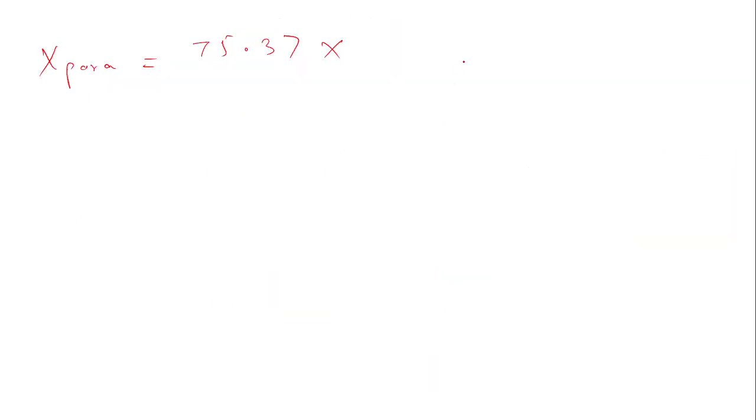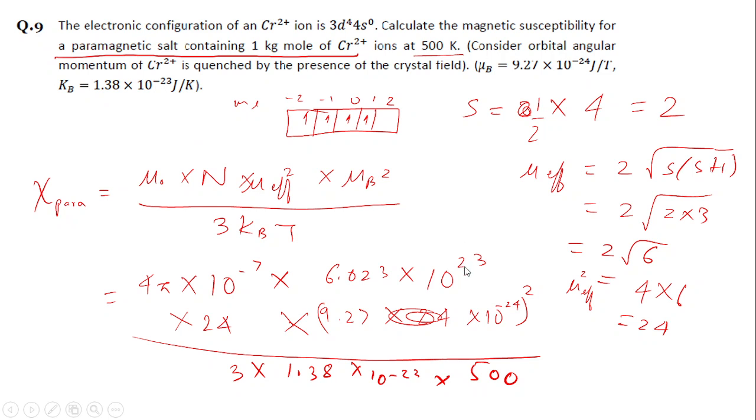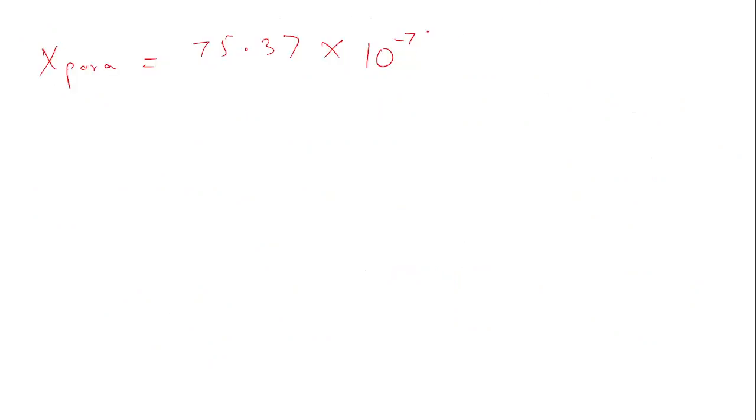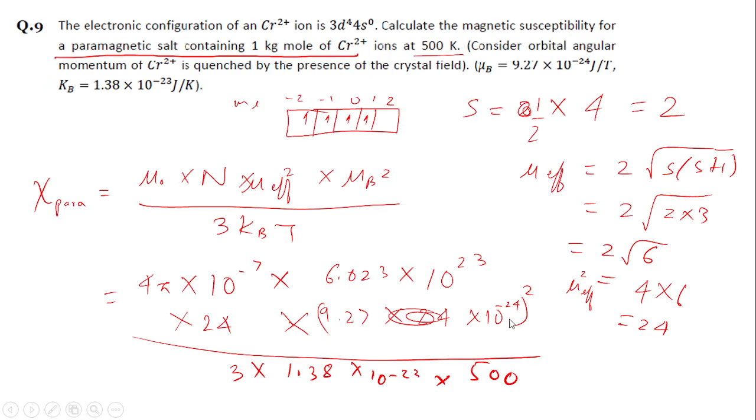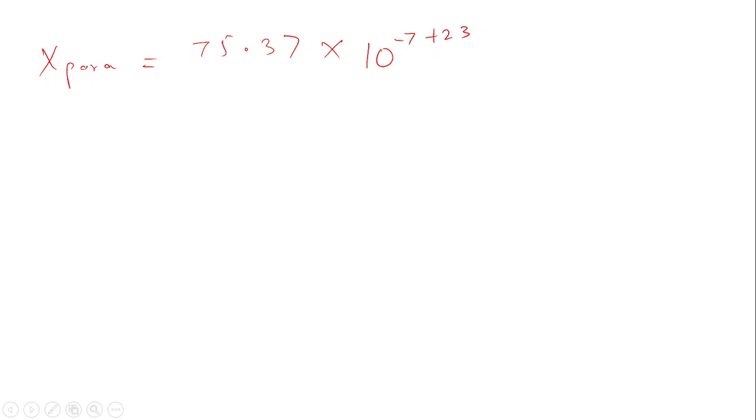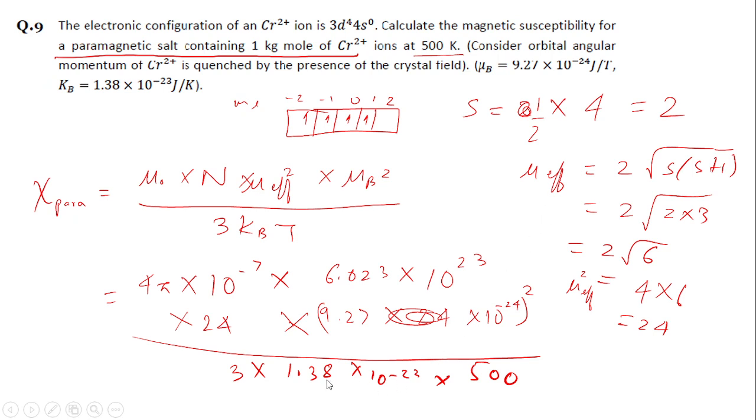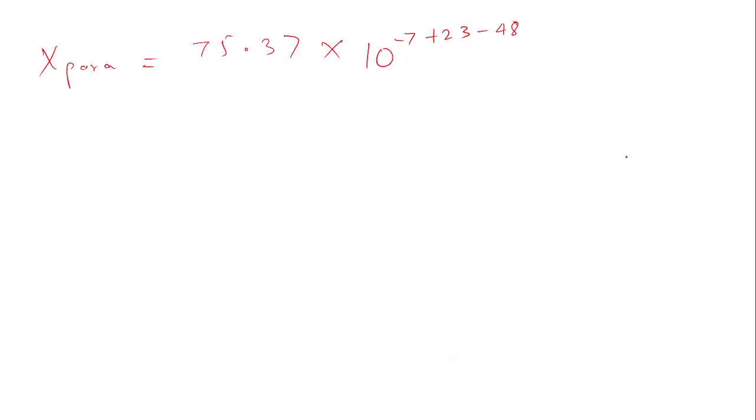So it will be 10 to the power minus 7, and then plus 23, and then 10 to the power minus 48, and this will be plus 23.